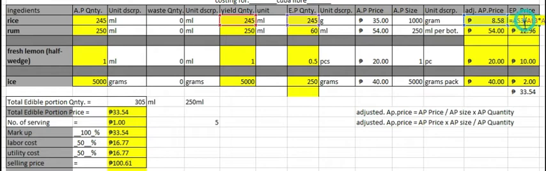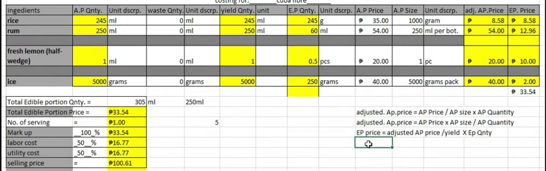Now for your adjusted AP price, divide with your yield, then multiply with your AP quantity. That's the formula.